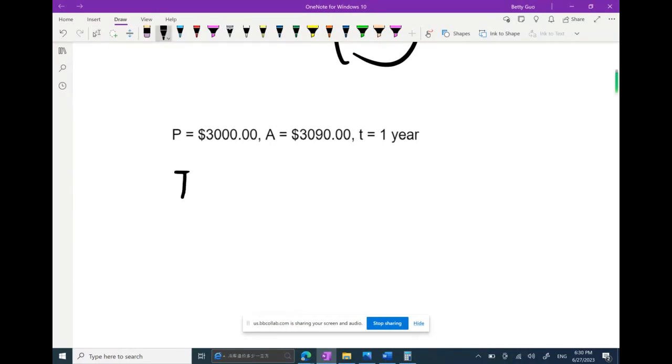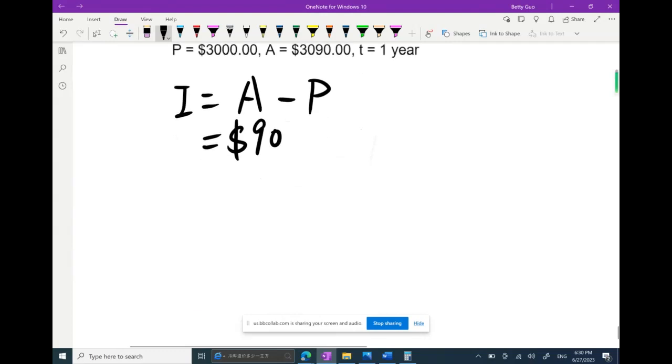I would find out the interest first. The simple interest amount is the future value of the loan minus the principal you borrow. In our case, $3,090 minus 3,000, so that is $90.